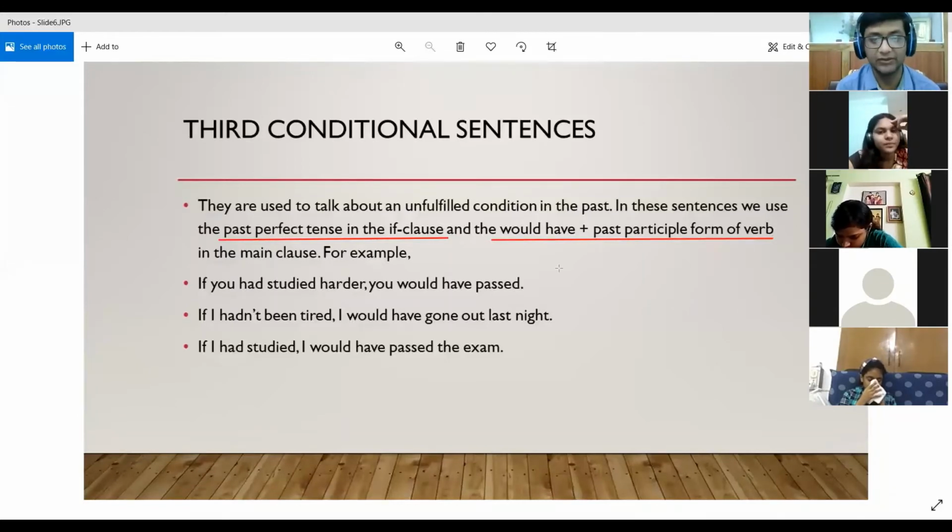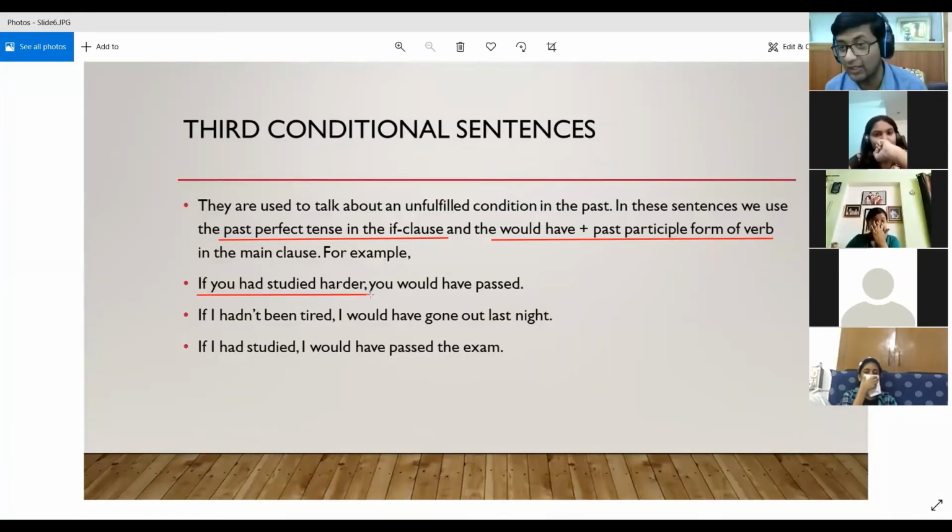Let's see the examples. If you had studied harder, you would have passed. Now see, what is the condition? If you had studied harder. The event has already happened in the past. The person has failed. The result has come.